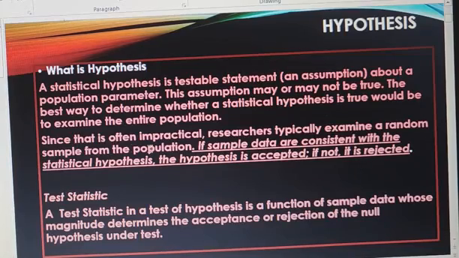Since that is often impractical, researchers typically examine a random sample from the population. If sample data are consistent with the statistical hypothesis, the hypothesis is accepted; if not, it is rejected.